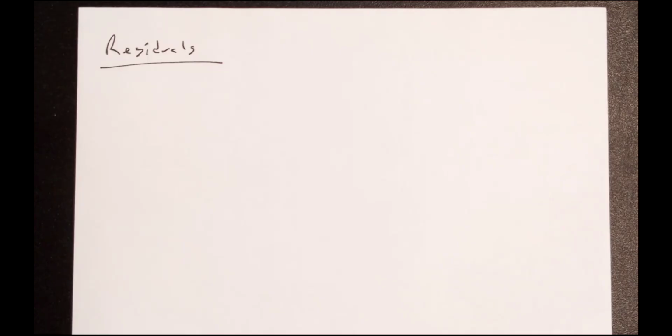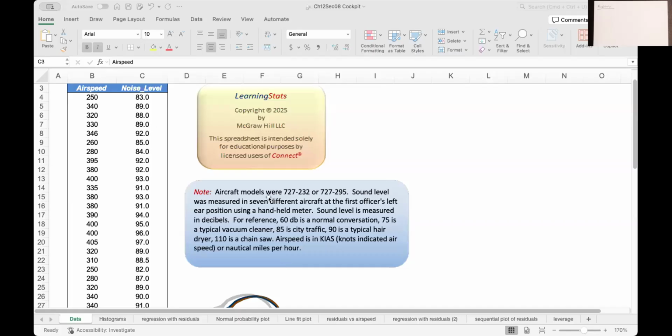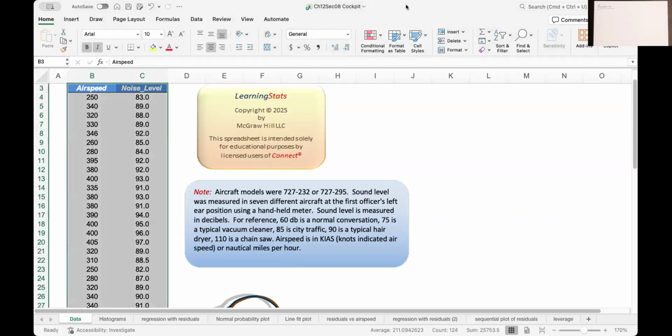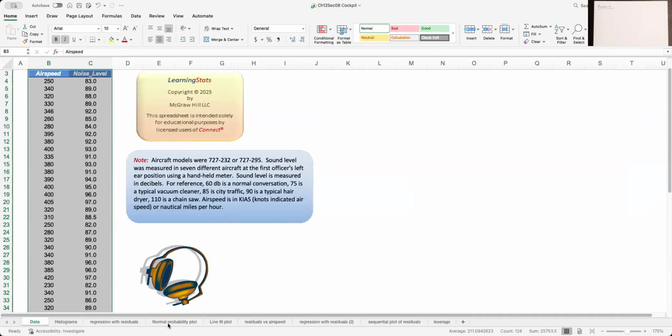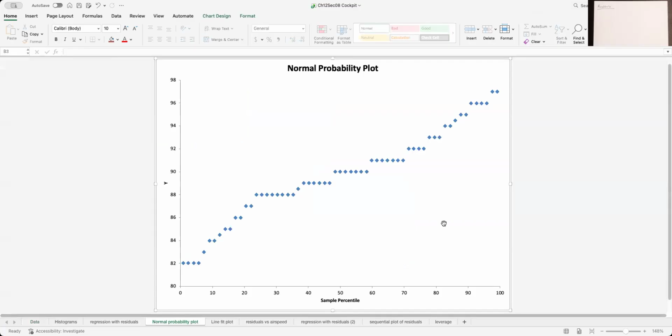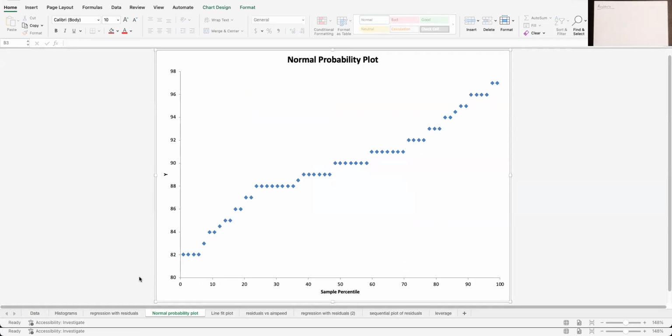Here's our cockpit noise. And there's that normal probability plot. Mine looks different. Excel generates this differently than the statistical software they did. That's pretty staggered, but it's going up as we go across. I'm happy about that.